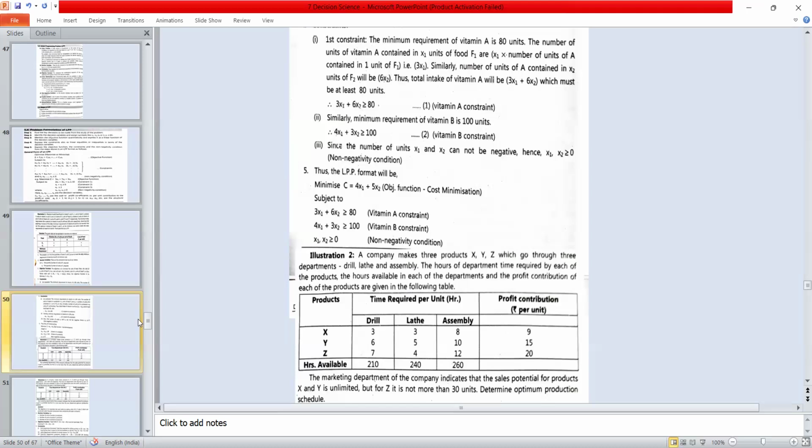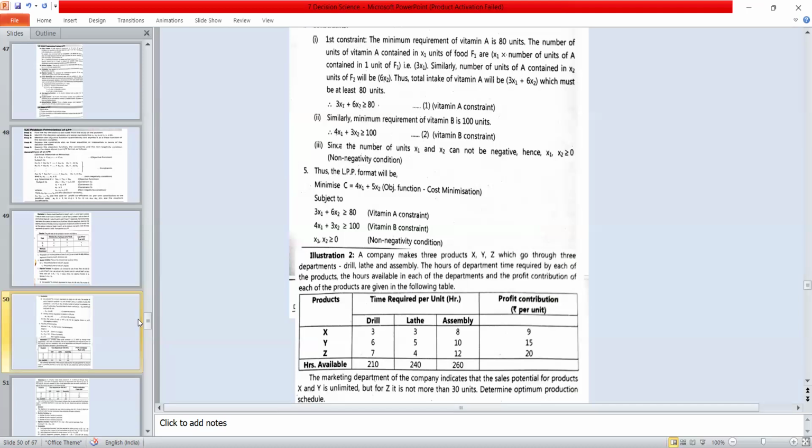So we can write it in a format where our optimum function is 4x1 plus 5x2. That is, 4 is the price of F1 food, and x1 is the quantity of F1 food, plus 5 is the price of the F2 food, and x2 is the quantity of F2 food. So 4x1 plus 5x2 we have to minimize.